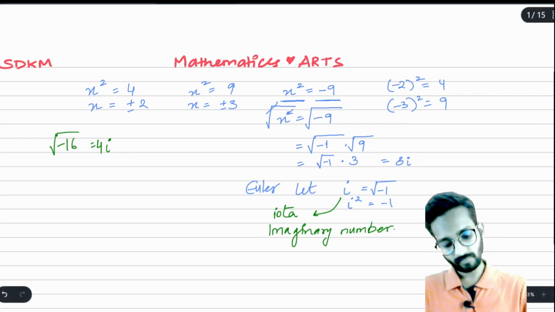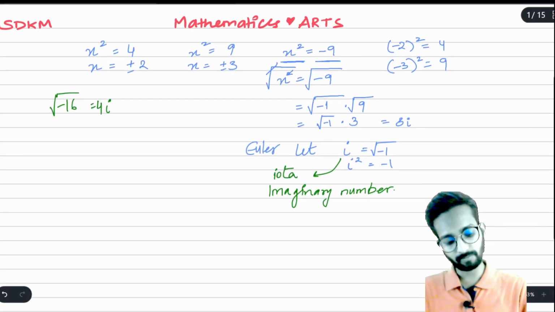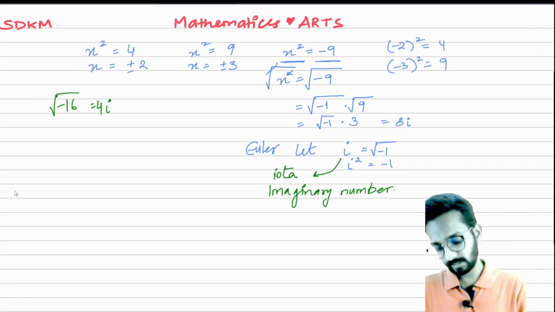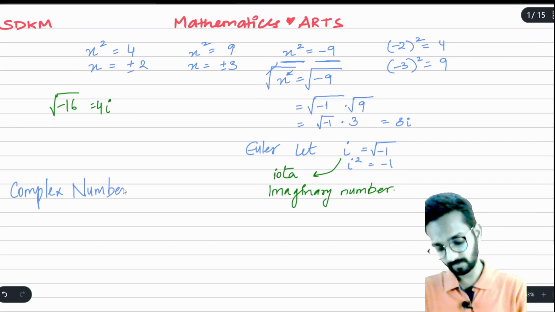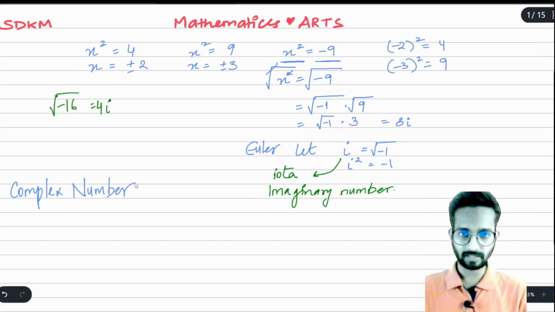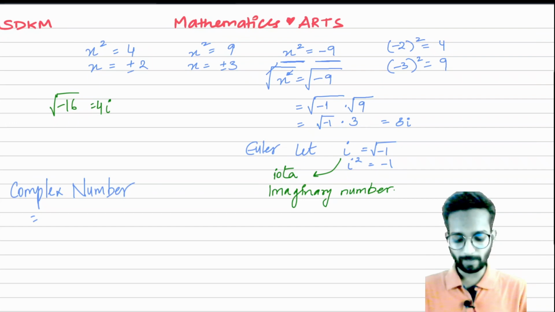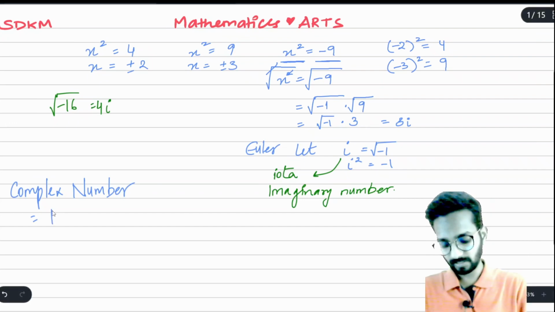By introducing this imaginary number, the concept of complex number came into the picture. Now what is a complex number actually? A complex number is a sum of a real plus an imaginary number.